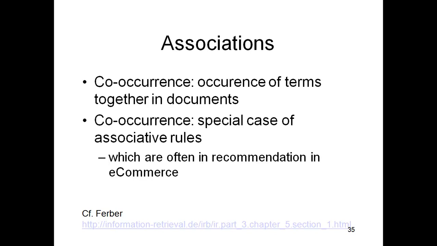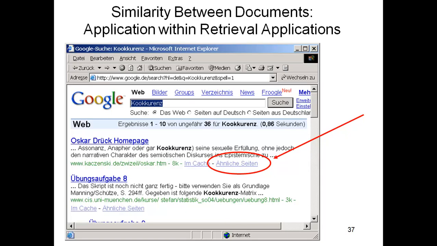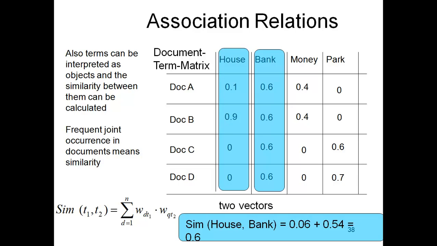Associative rules is a term you know from e-commerce, that things are bought by similar users. This is also an association that the system uses to recommend things to you. And something we can have in Google. I don't know if it's activated in the current version, but in a previous version, we could look for similar pages, and the system calculated this between lines, and now we look at the columns.